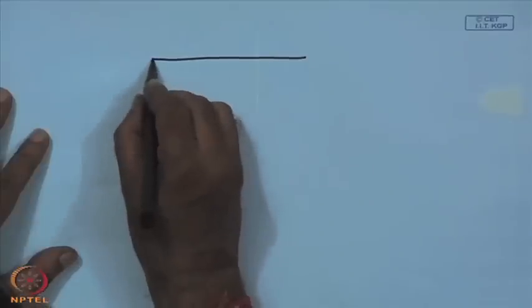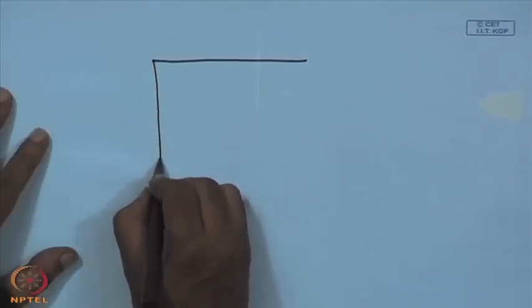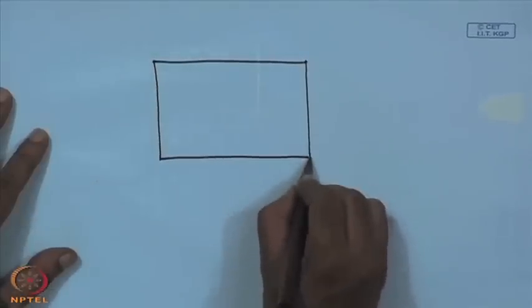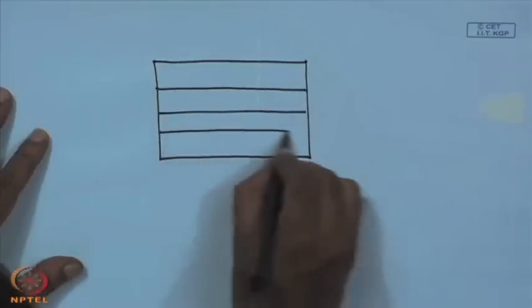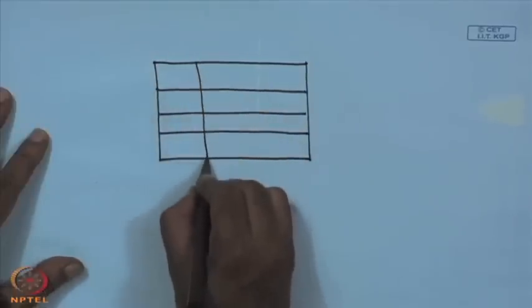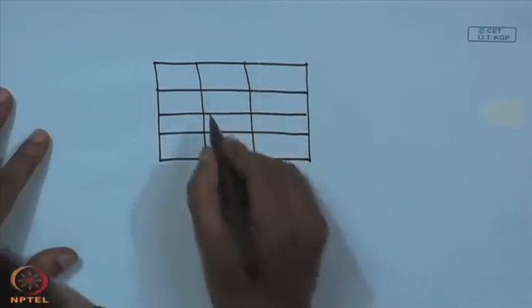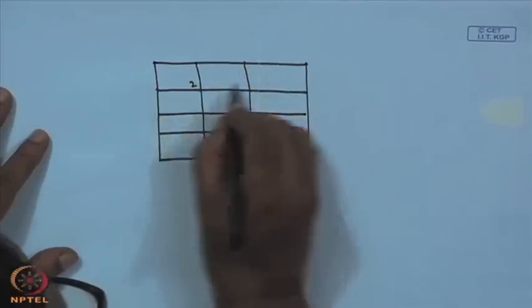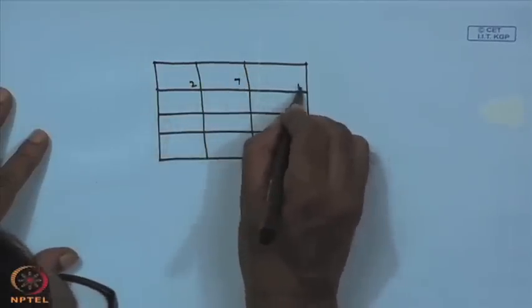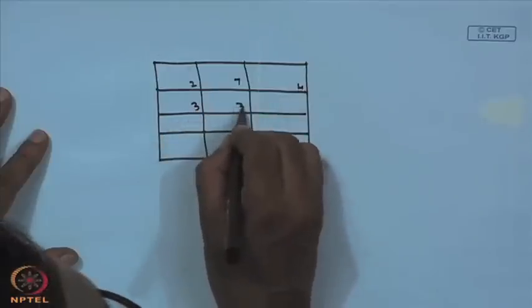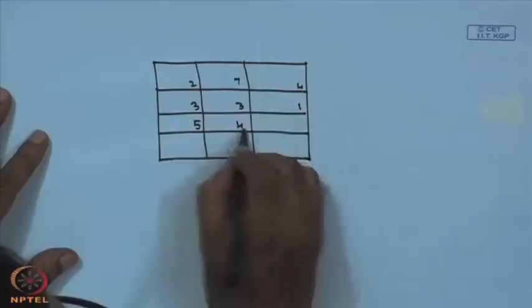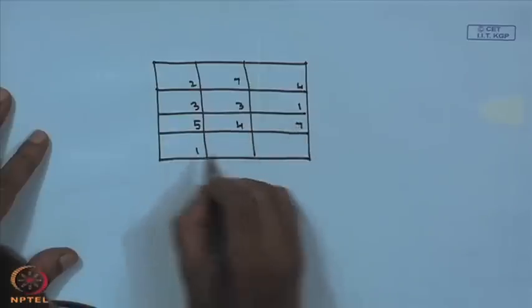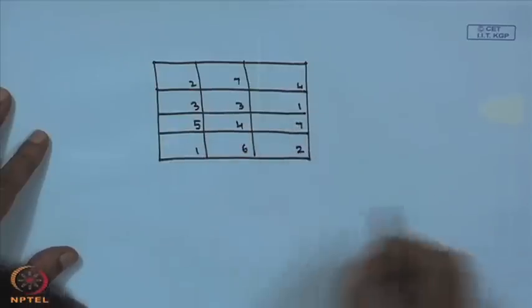Once I obtain this, I have to formulate the next table from here, that is, I have to reproduce the table. I am having 4 rows and 3 columns. The costs are 2, 7, 4, 3, 3, 1, 5, 4, 7, 1, 6 and 2.